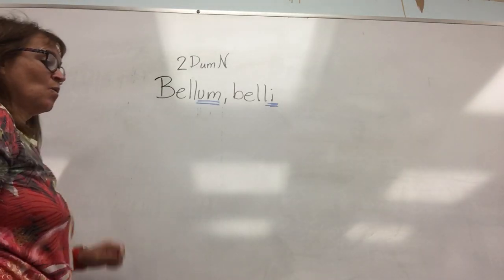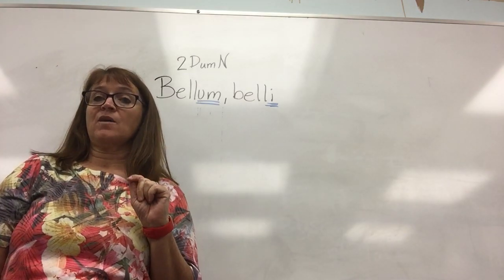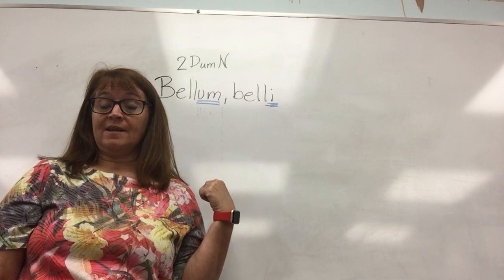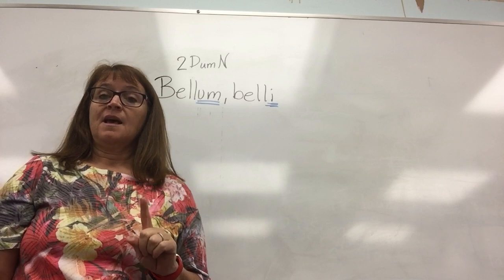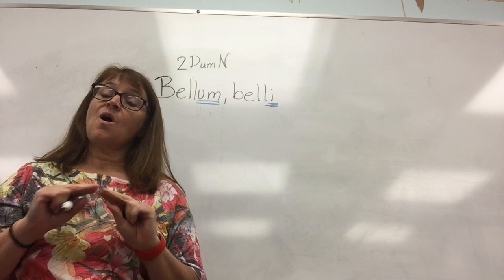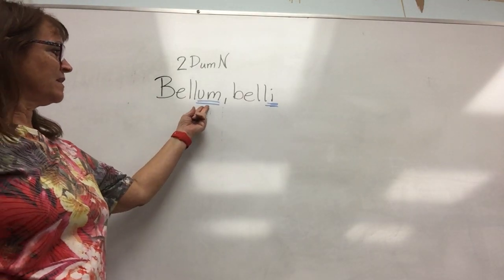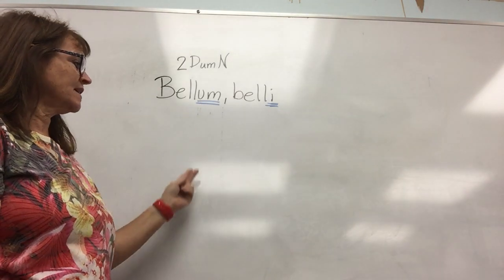All right, well, if we learn two simple rules about all neuter nouns, then we will know how to decline this, okay? So the first rule is that the nominative and the accusative are always identical, okay? So if the nominative is bellum, the accusative will be bellum, okay? They're always identical.